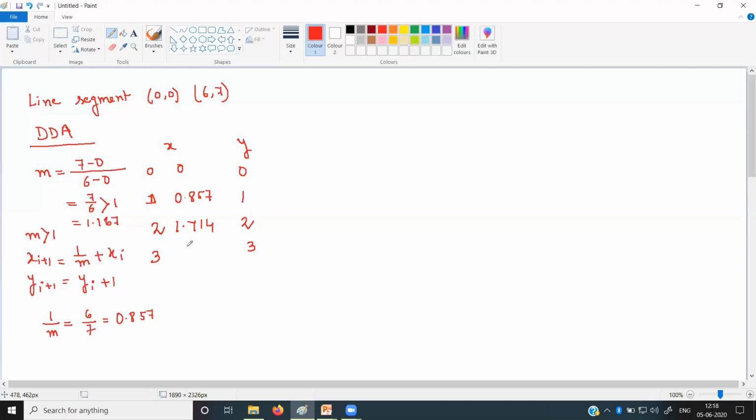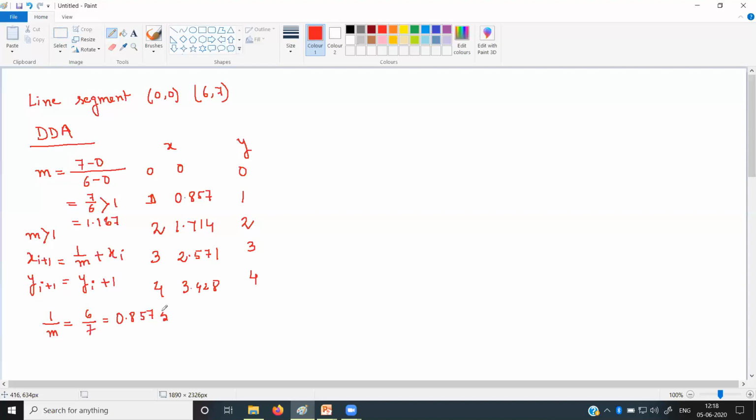If I add 0.857 with this value, I will get 2.571. Fine. Now in my fourth iteration, y value will be 4, so my x value will be this 2.571 plus 0.857. If you add it, it will become 3.428. Fine.